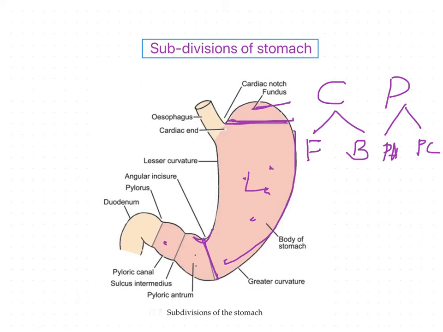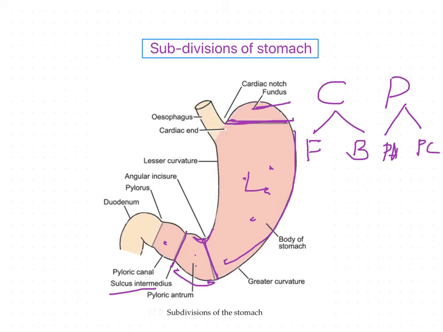Now if you see the pyloric part, the pyloric antrum is separated from the pyloric canal by an inconsistent sulcus called the sulcus intermedius. The sulcus intermedius separates the pyloric antrum and the pyloric canal, which is present on the greater curvature. This pyloric antrum is 7.5 centimeters long and these pyloric glands are richest in mucus cells.